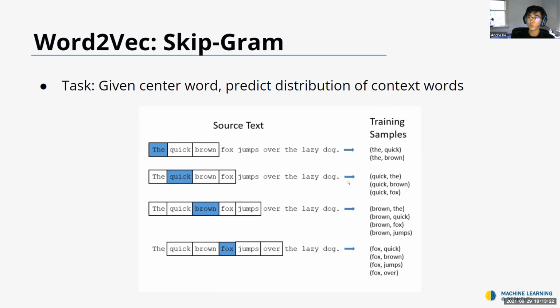So you want it to understand that, okay, fox is more likely to appear after brown than, say, dog. Obviously that might not be true in general. It depends on your text corpus. And if your text corpus is long enough, it should accurately represent the relationship between words.